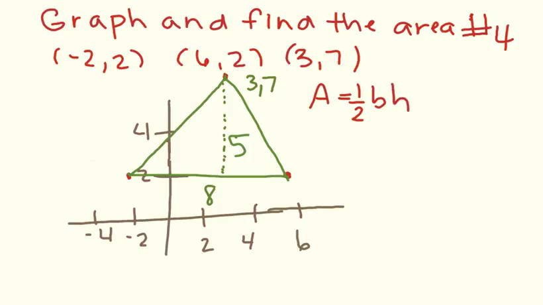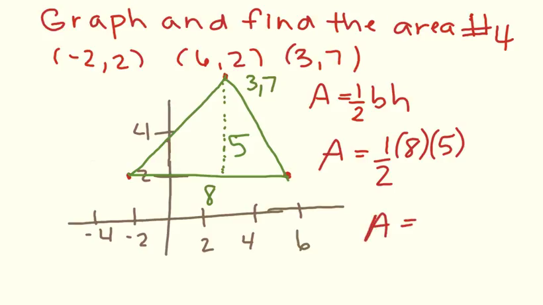In this case, the base is going to be 8 and the height is going to be 5. So we're going to do 1/2 of 8 times 5. 8 times 5 is 40, divided by 2 is 20, so we know that the area is equal to 20 units squared. And of course we're going to put squared because this is the area we're talking about. Square units is what area is going to be in.